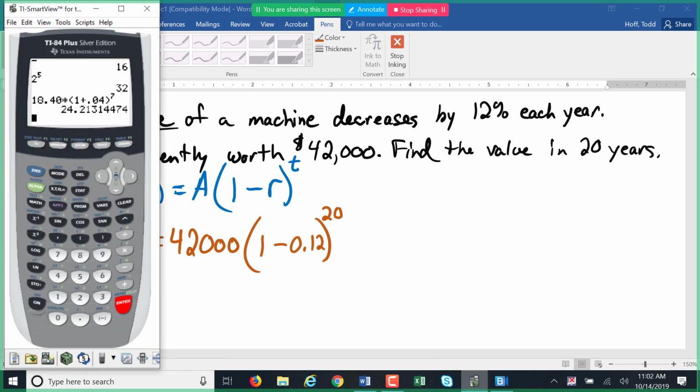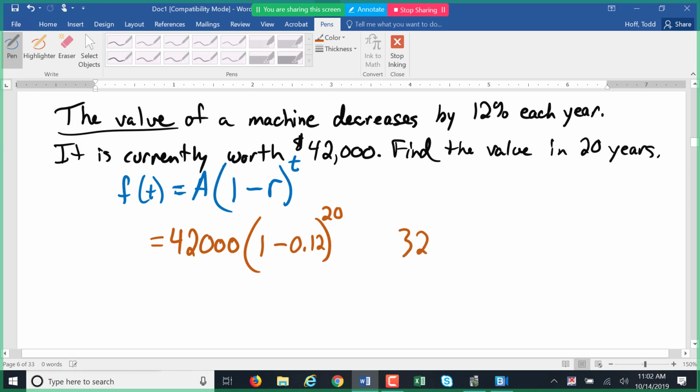Again, we can enter this in the calculator exactly like that: 42,000 times parentheses 1 minus 0.12 close parentheses to the power of 20. That gives 3257.64. So the value should be $3,257.64 in 20 years.